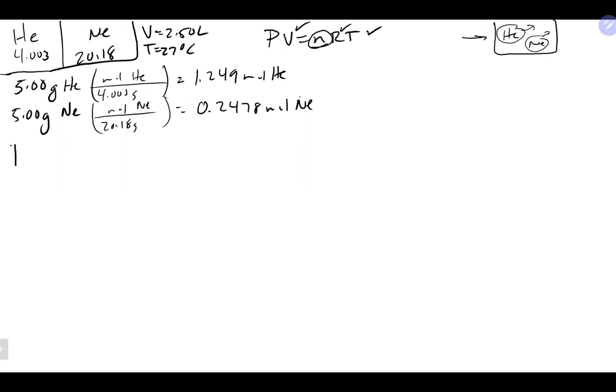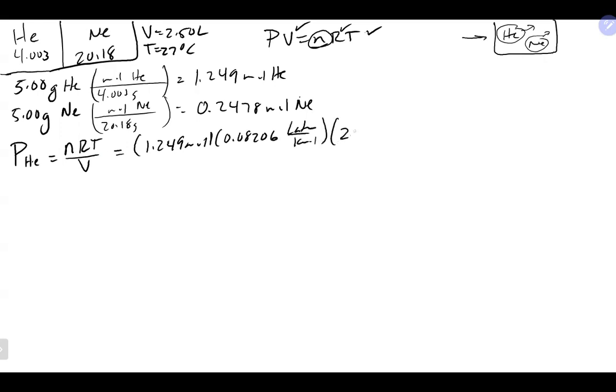So doing it for helium first, that would be nRT divided by V. We will put in our moles, our R, which is 0.08206, and our temperature, which is 300 when we convert that into Kelvin. So we want to take 27 plus 273. Make sure, again, we do convert it to Kelvin here.